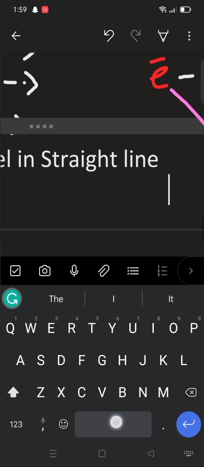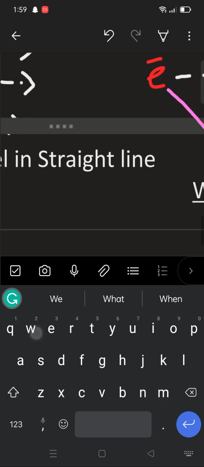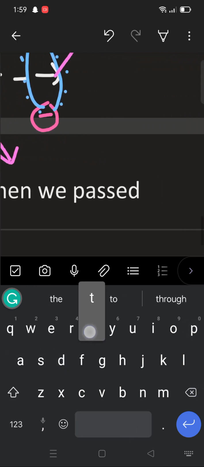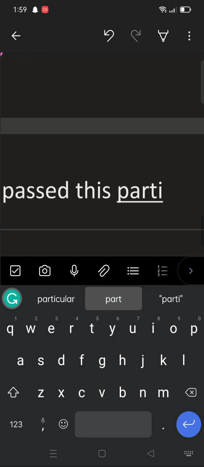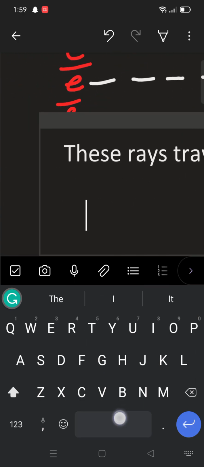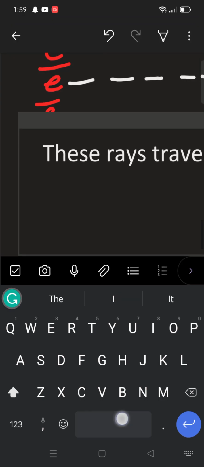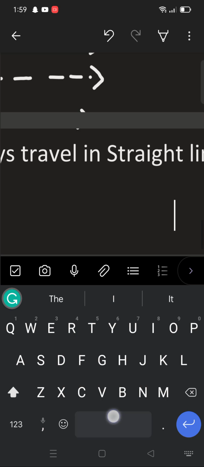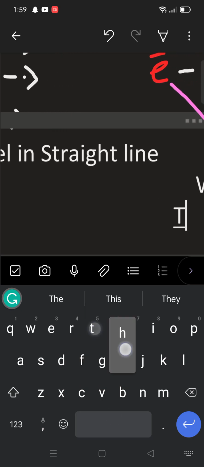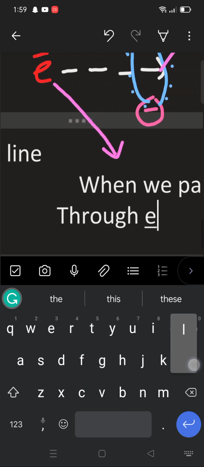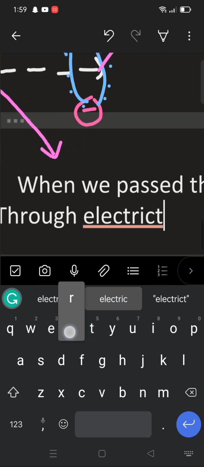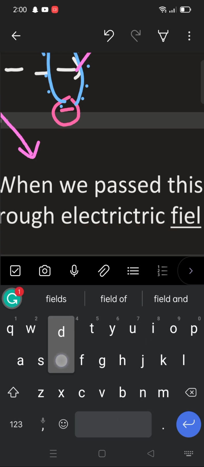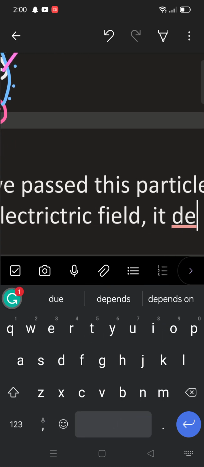I'm just going to write: when we pass this particle through the electric field, it deflects towards the positive charge.